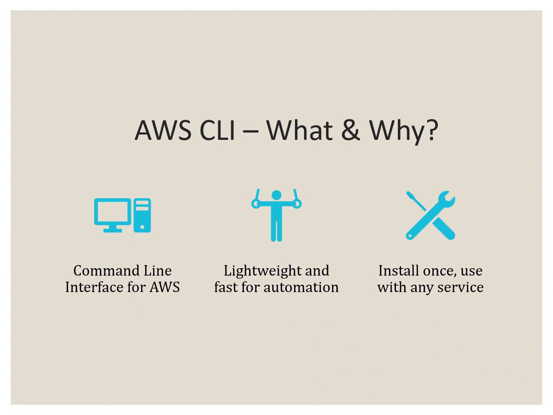Instead of clicking around in the AWS console, you can use quick commands to automate tasks, manage resources, and run scripts. It's lightweight, fast, and perfect for developers who love automation. With one command, you can create an S3 bucket, launch an EC2 instance, or deploy a Lambda function.